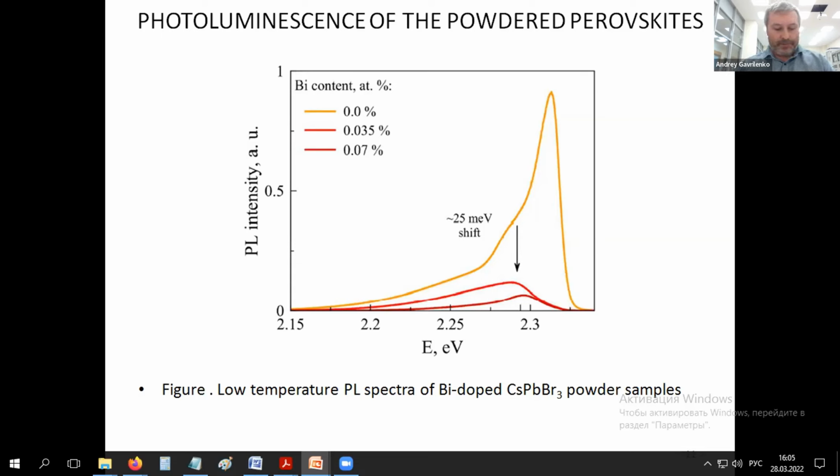New spectral features in the photoluminescence spectra are induced by bismuth 3+ doping.